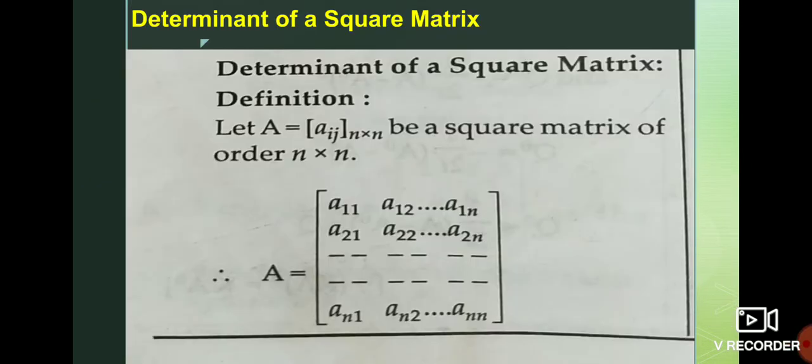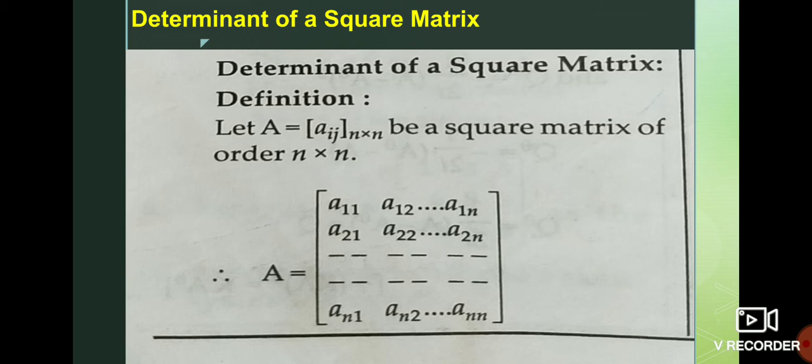Now, the next definition: determinant of a square matrix. Let A is equal to [aij] of order n by n, a square matrix of order n by n. This is the general definition of determinant: the elements are a11, a12 up to a1n, second row a21, a22 up to a2n, and last row an1, an2 up to ann.